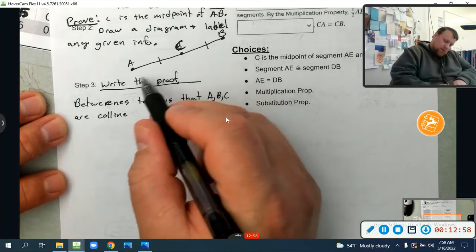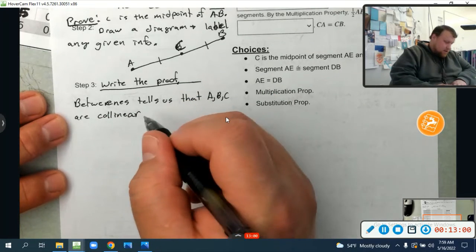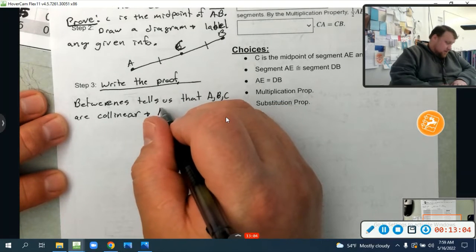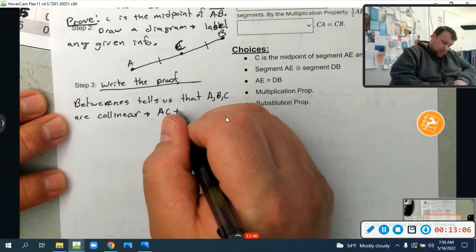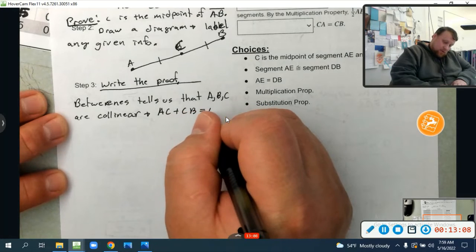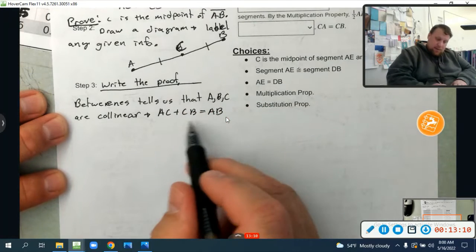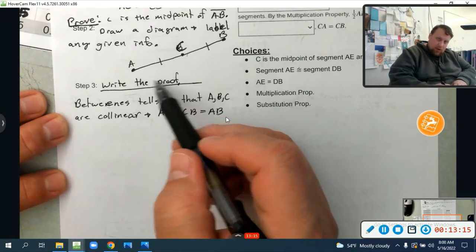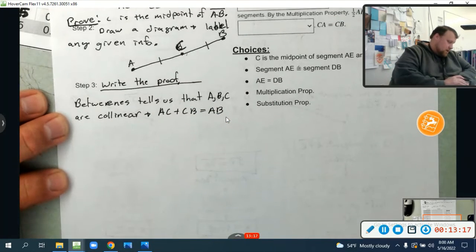If C is between A and B, then betweenness tells us they're collinear, so they form a line. And it tells us that AC plus CB equals AB. The sum of the parts equals the whole. So if I add up this section and this section, it's equal to the whole section.